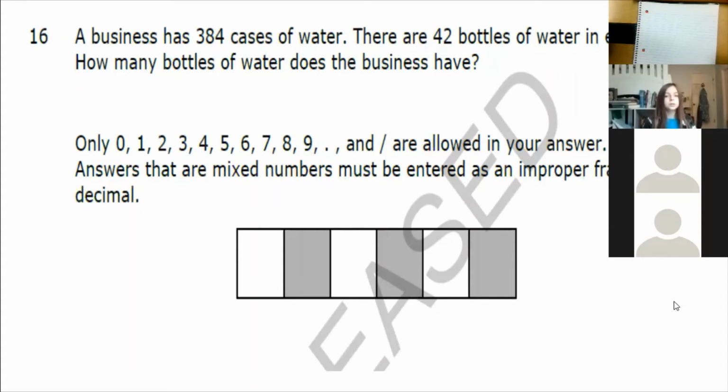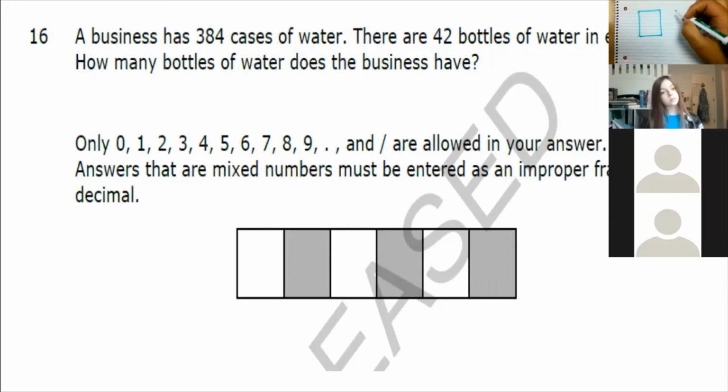Okay, so let's look at this problem. You will find that sometimes these problems are simpler than you would think. We have 384 cases of water. Here is my case of water, right?